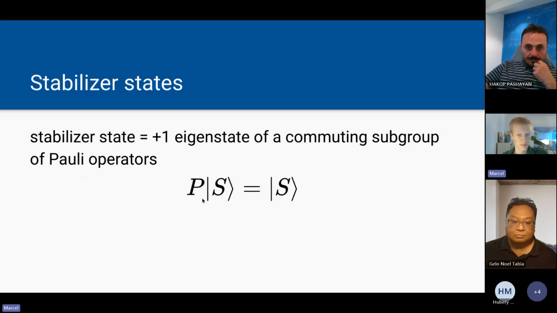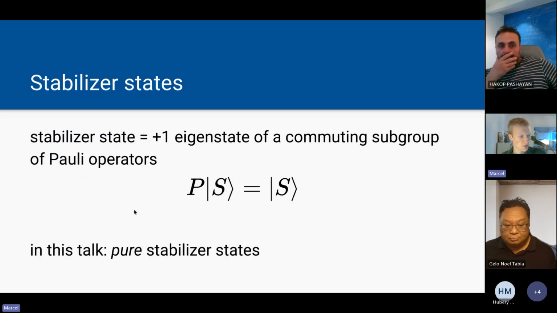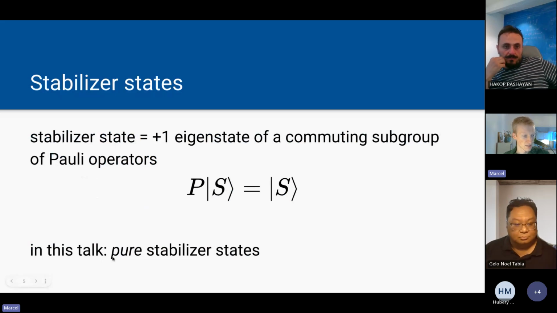For the purpose of this talk, just to clarify in advance, whenever I say stabilizer state, I mean a pure stabilizer state. So the corresponding stabilizer group is maximal in the sense that for an n-qubit state, it has n generators. But this is not really important just yet.